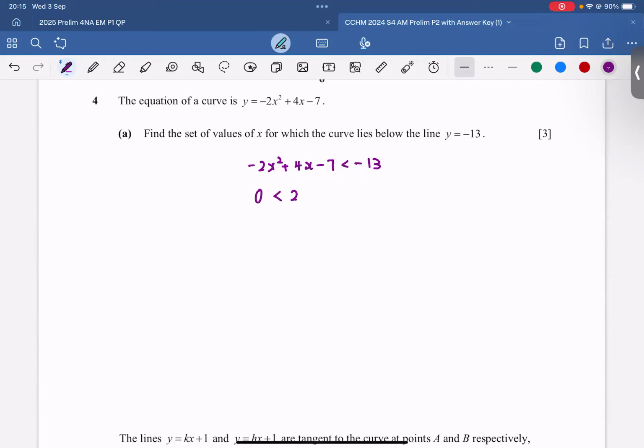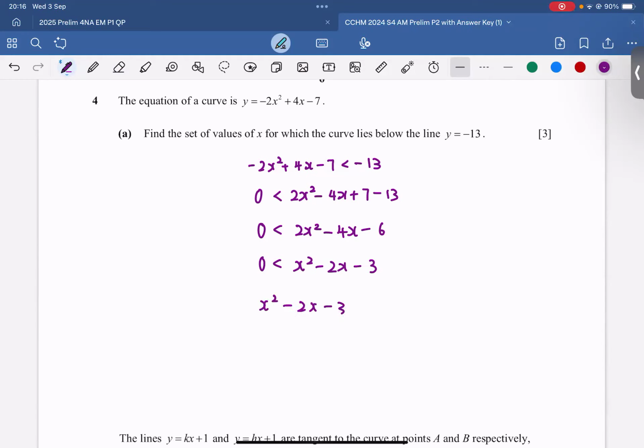So I bring it to the other side. Okay, if you're not comfortable seeing like that, shift it here. Okay, so you can see this is at the bigger mouth, so it must still be at the bigger mouth. Then to solve this, you need to factorize and draw graph.